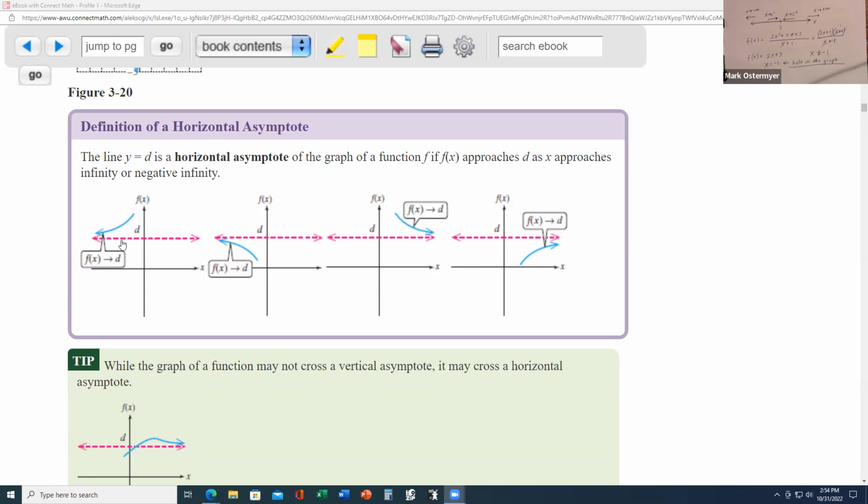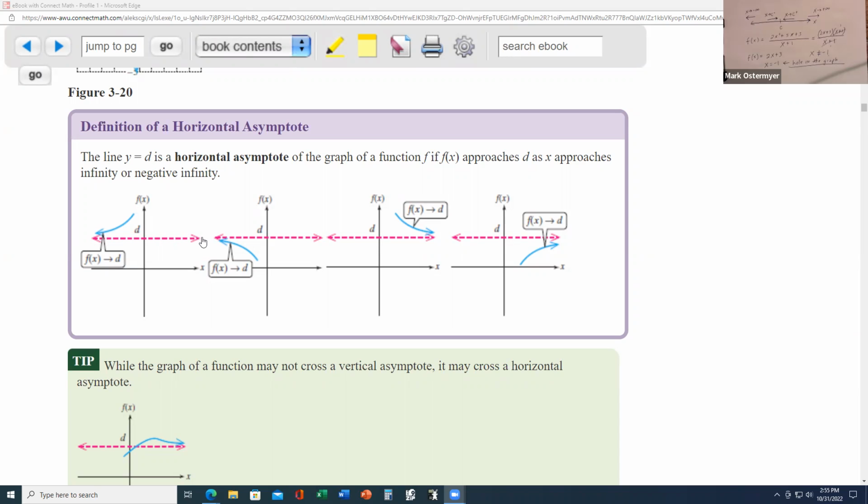If your function's graph exhibits these characteristics for very small or very large values of x, we would therefore classify this horizontal pink line as being a horizontal asymptote to the graph of your function.